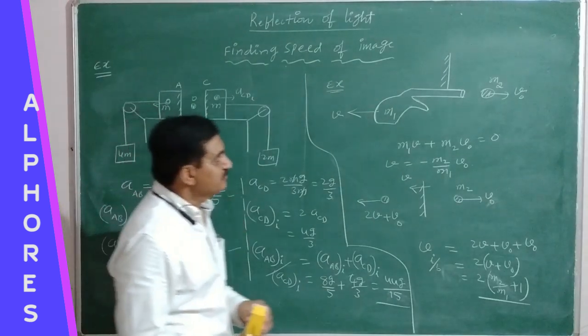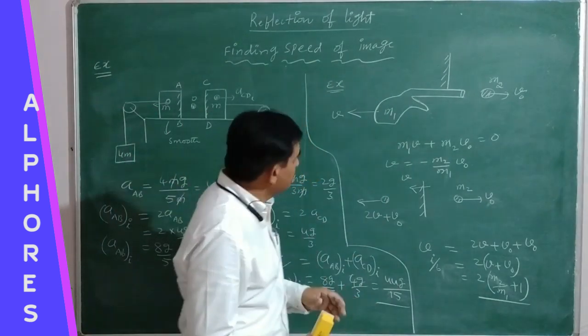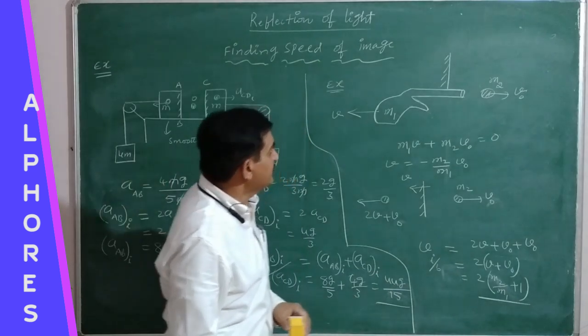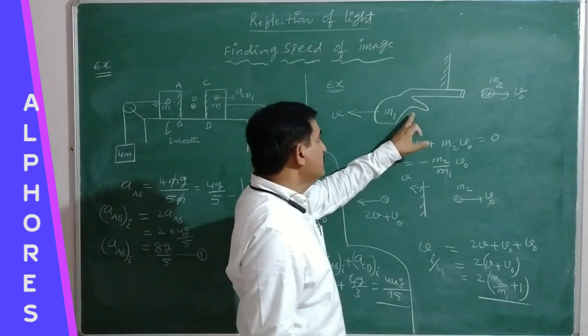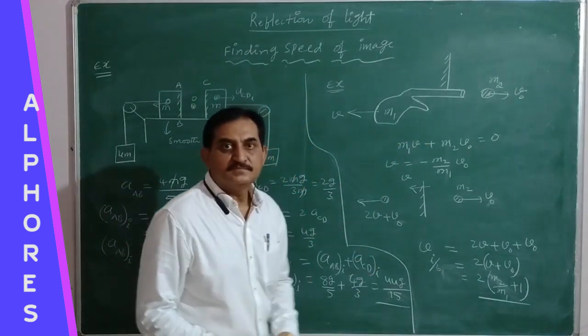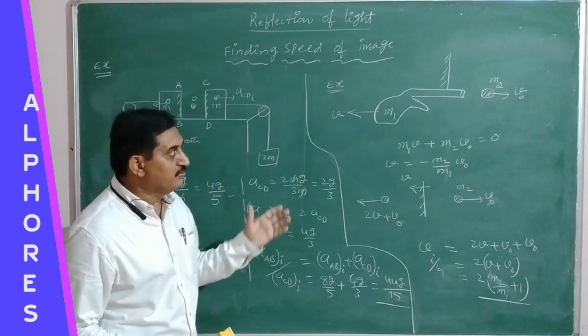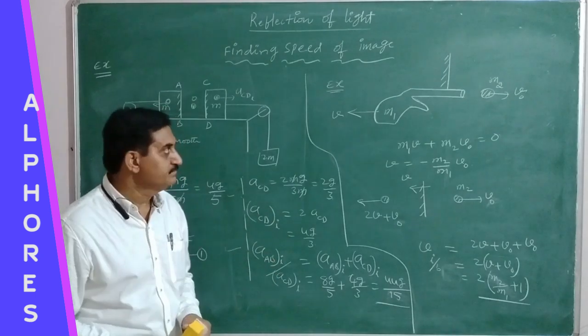So this problem is also related to the speed of the image formed by a plane mirror. Now here a gun is fired. The bullet is coming out of it with a velocity v0.